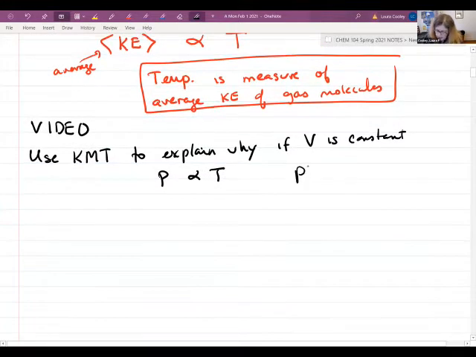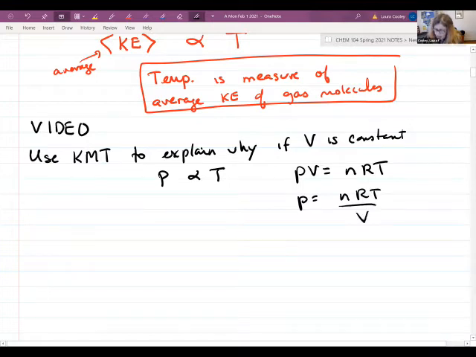So look at the ideal gas law. If we have a sample of gas, then the moles is constant. The pressure is nRT over V. If the moles is constant, which it would be in a sample if we're not taking gas out or letting gas out, and if volume is constant, then all of this stuff here is constant.